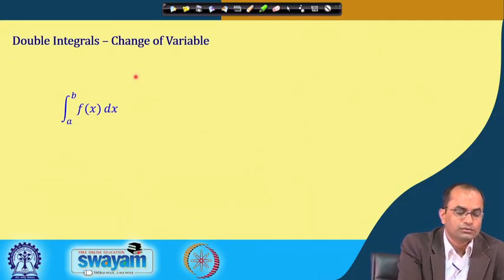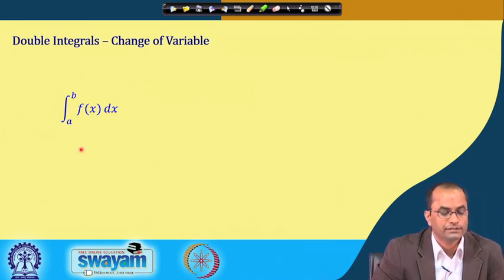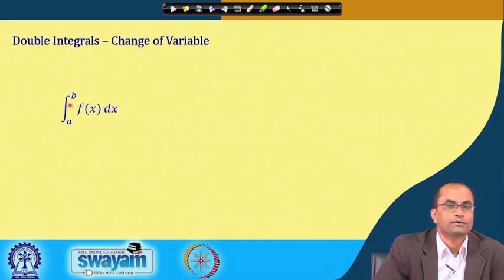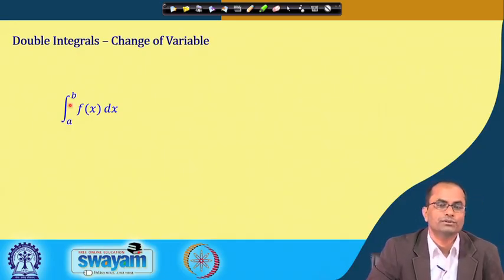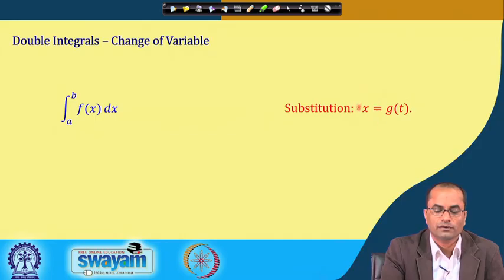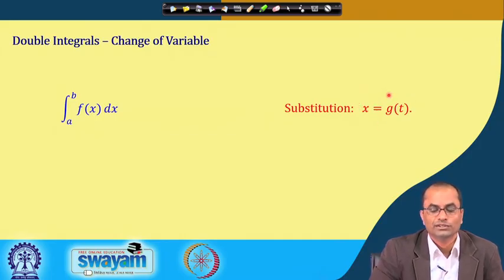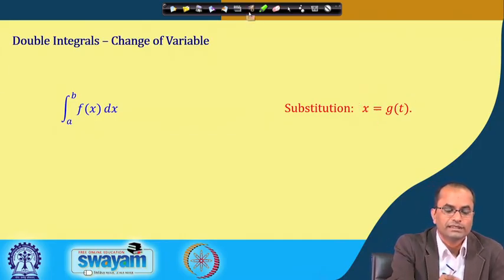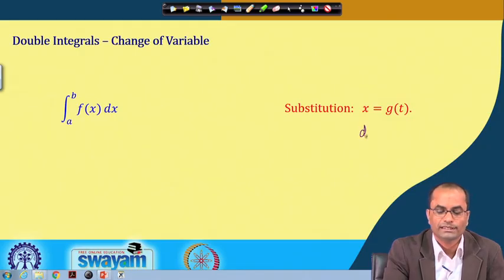So, just to recall, if we have a single integral of f x dx, and the limits of x vary from a to b, and we want to substitute now to a new variable, so x to let us say t here by this relation x is equal to g t. So, what we do, we immediately get what will be our dx from here.